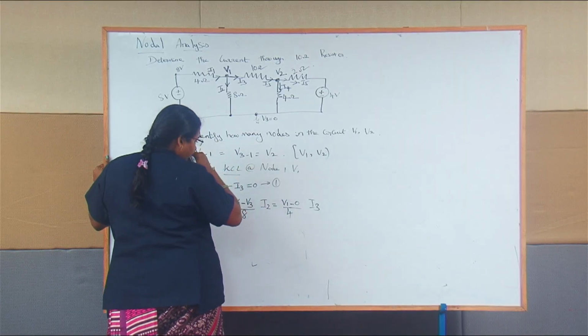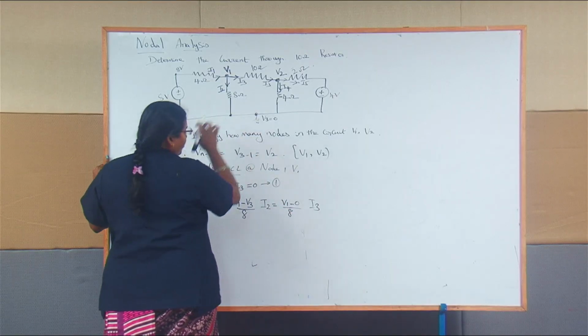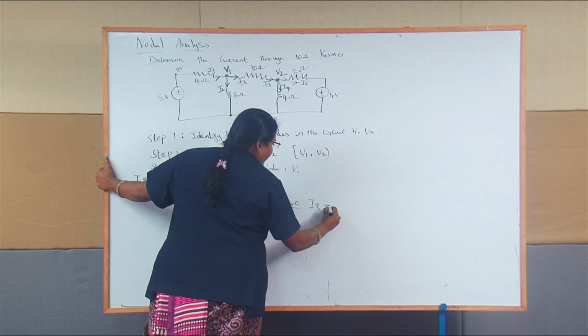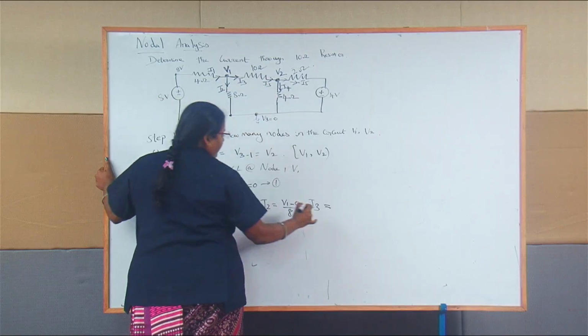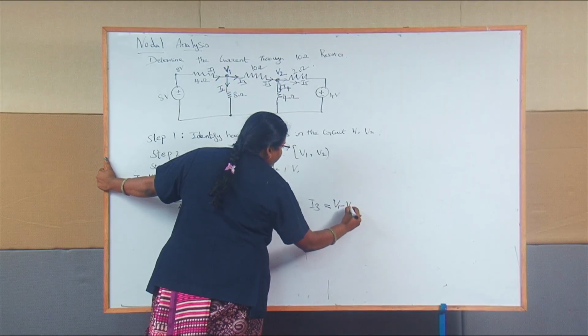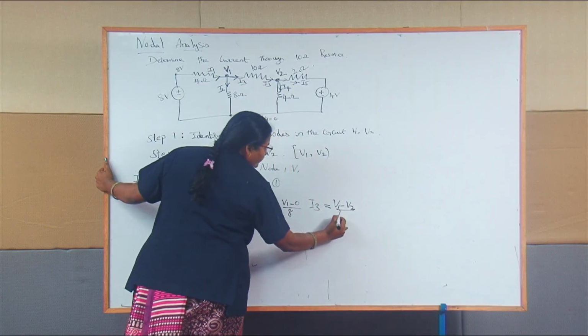I2 equal to V1 minus 0 divided by 8 ohms. You can also write it as V1 by 8, because V3 is 0, as it is the reference voltage. Similarly I3 starts with V1 minus V2, divided by 10 ohms.